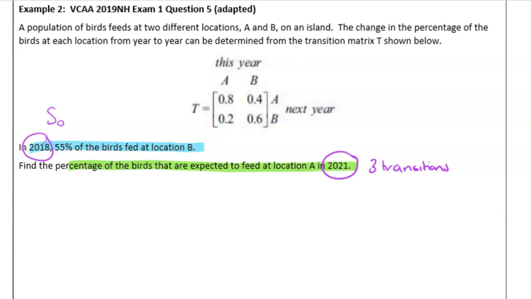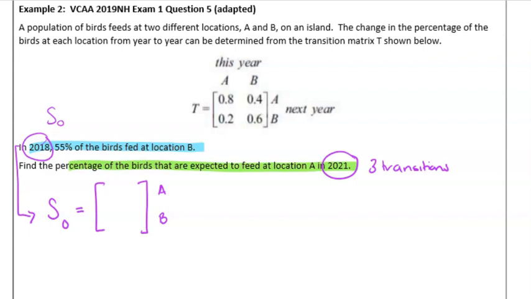The second thing that we're going to use this initial value for is to create this initial matrix. So our initial matrix needs to be a column, location A and location B. Now, we aren't given a number of birds, but we're given a percentage, and I can use that.